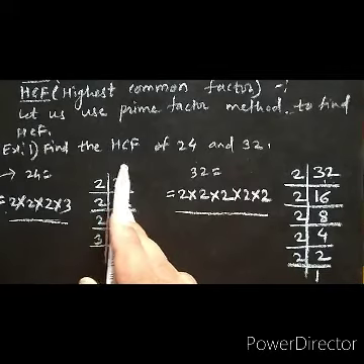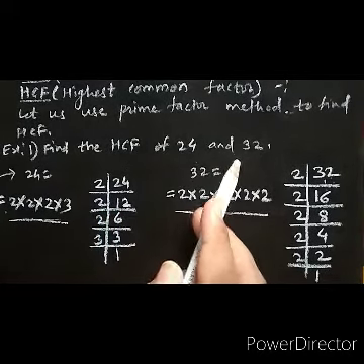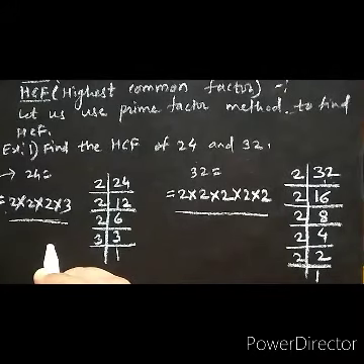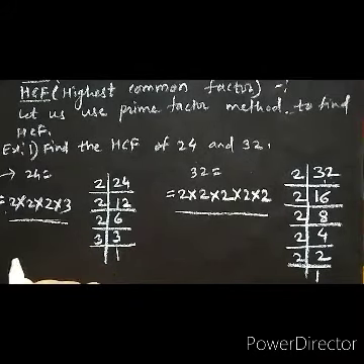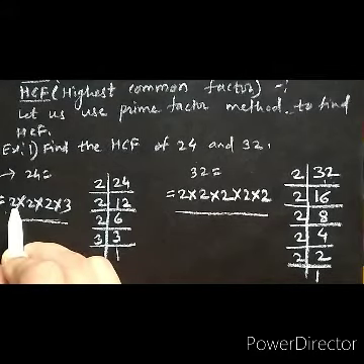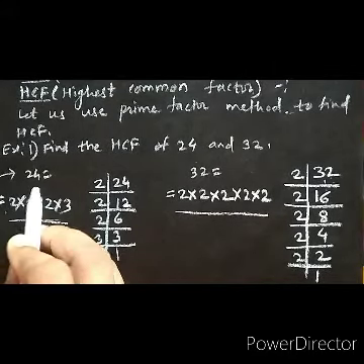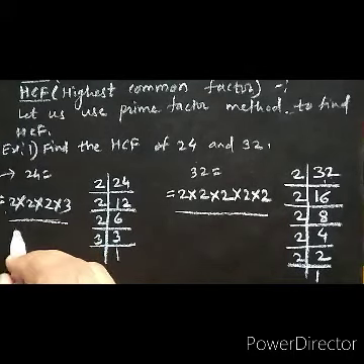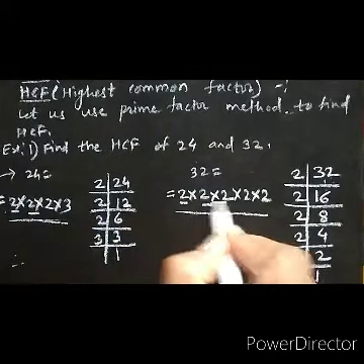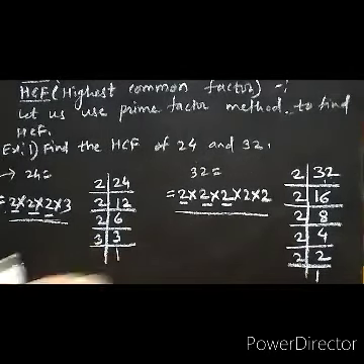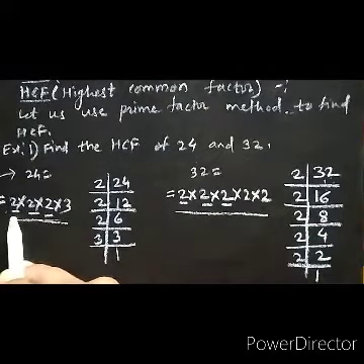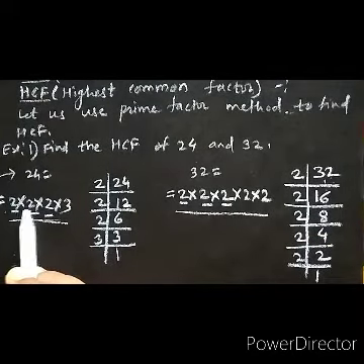But here we have to find the HCF of 24 and 32. So HCF means highest common factor. Therefore, here we have to find common divisor of 24 and 32. So here 2 occurs 3 times in each of these two numbers. 2 is common 3 times.